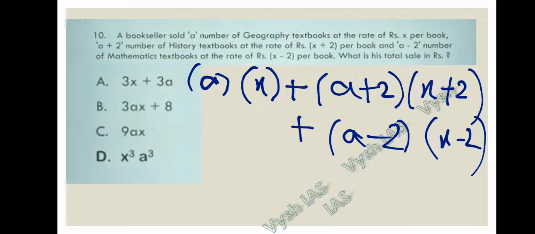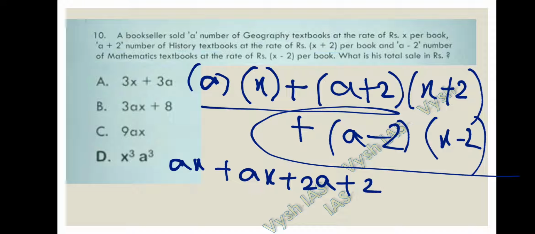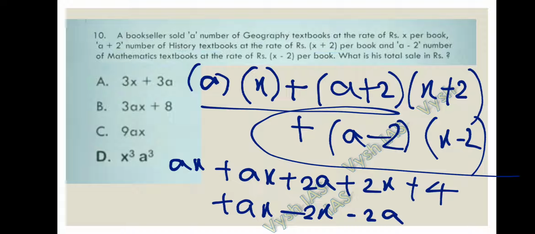So what is the total? That is the reason I have added all three. We have to find the simplified form of this equation. It becomes ax plus 2a plus 2x plus 4 plus ax minus 2x minus 2a plus 4.